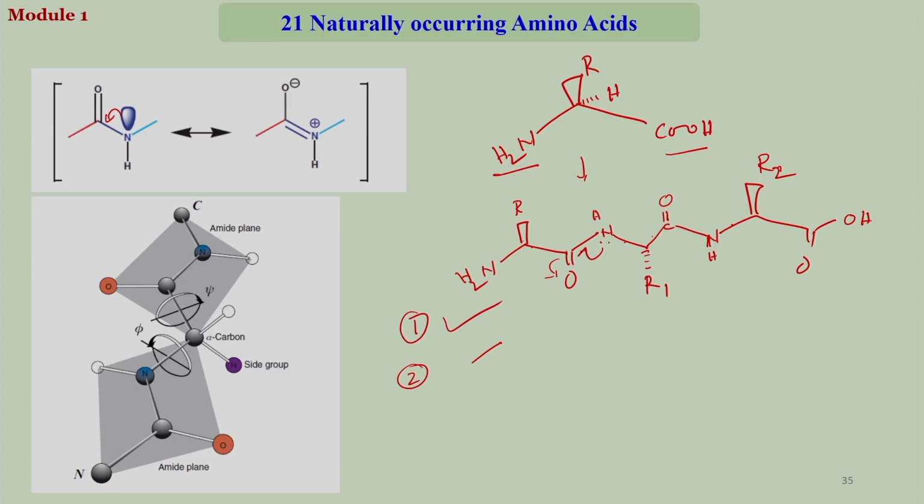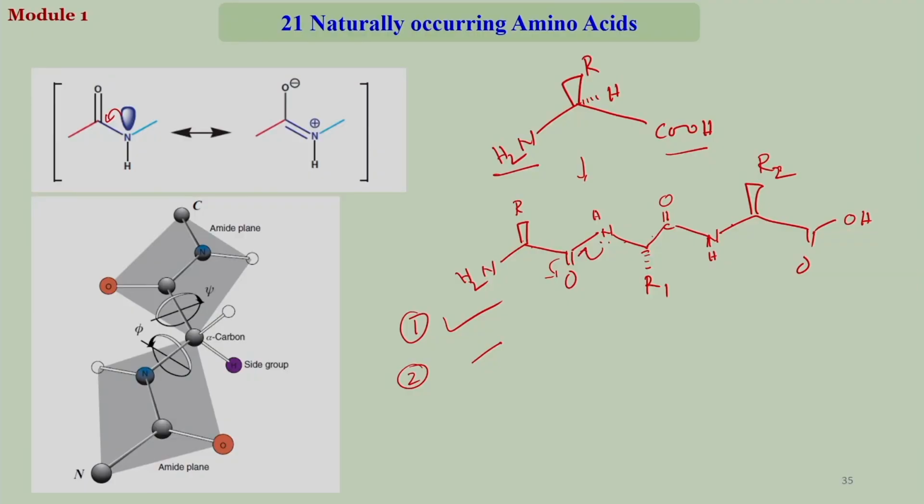So, if you change the plane, ideally you should be able to change the angle, because free rotation around the single bond is possible. This is a single bond and this is a single bond, and they are named: this is called phi and this is called psi.